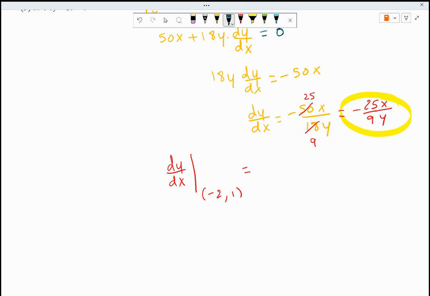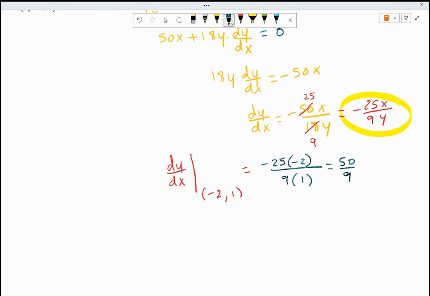So that's negative 25 times negative 2 divided by 9 times 1, that's going to be 50 over 9. So the slope of the tangent line at negative 2, 1 is going to be 50 over 9.